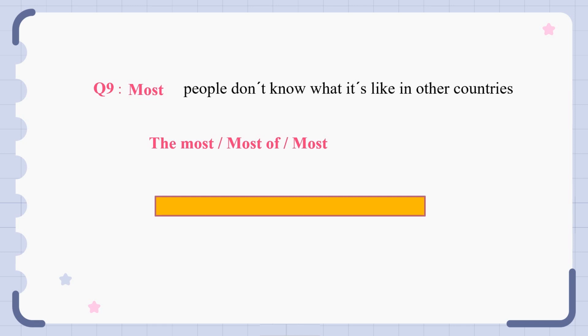Most people don't know what it's like in other countries. Why? Because most is quantifier. The most is the superlative form of many or much. And most of is used before a noun with determiner. For instance, if we modify our sentence, we can say most of the people. So we need the article the if we want to use most of.